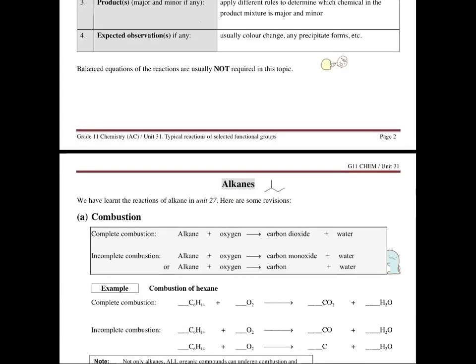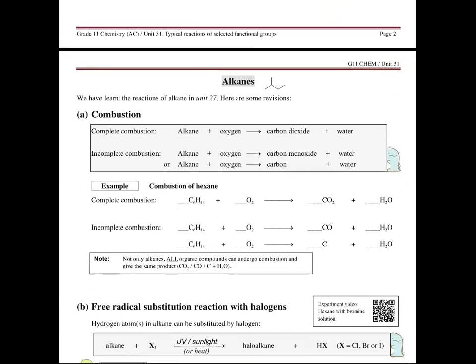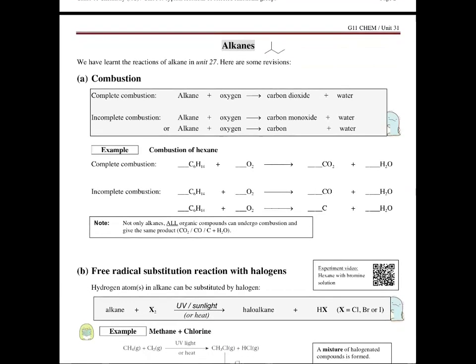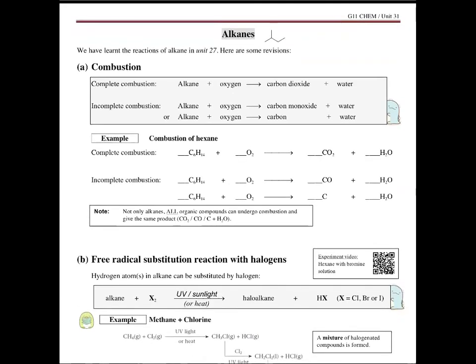So let's move on to the first type. We have alkanes. Again, we have learned most of the reactions in Unit 27, so it would just be a quick recap. For the first type, the most common one when we talk about alkanes, is the combustion of alkane to generate energy. Remember, if the carbon chain has 1 to 5 carbons, then it would burn with a non-luminous flame.